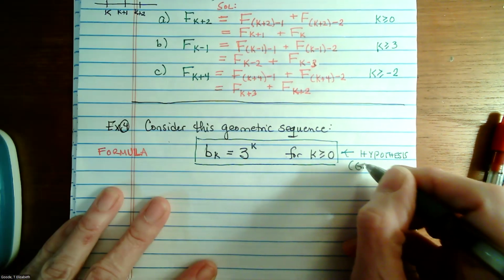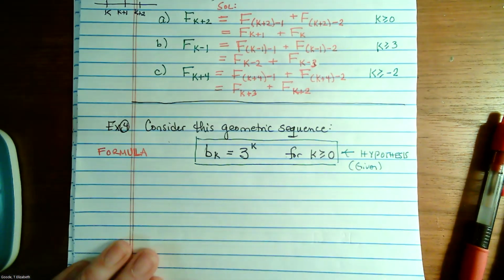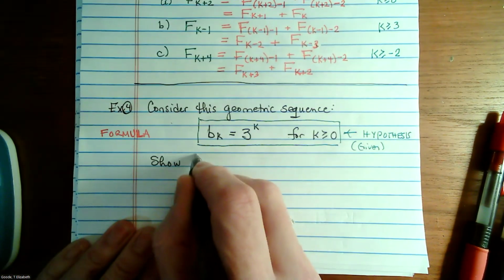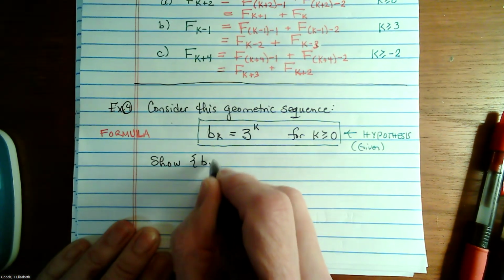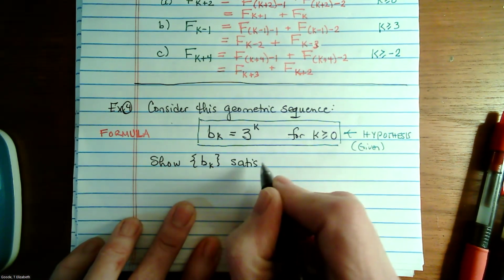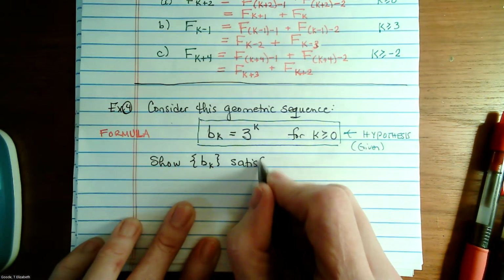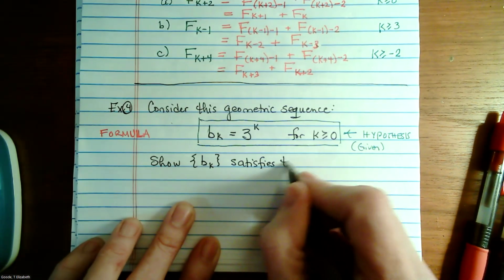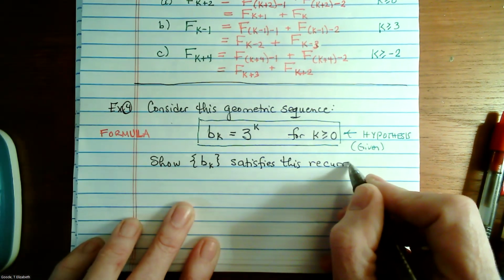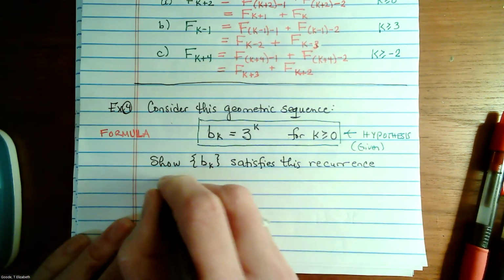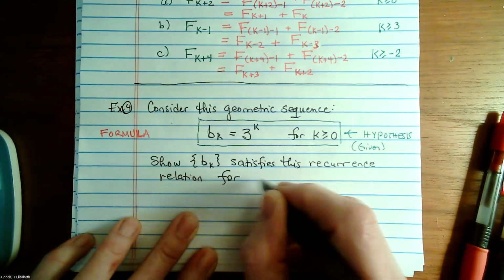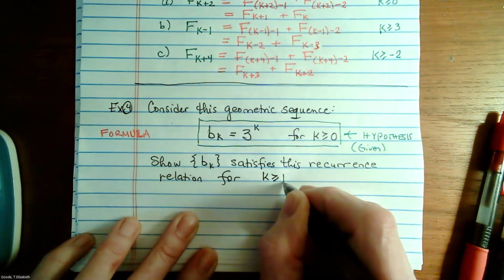It's given. And what we're asked to prove is to show that the sequence b sub k satisfies this recurrence relation. I'm going to give you a recurrence relation, for k greater than or equal to 1.